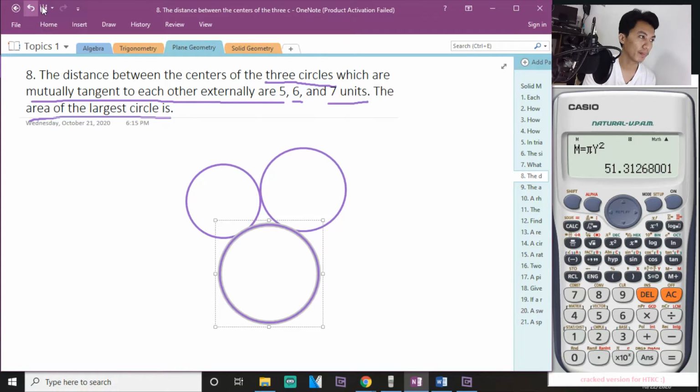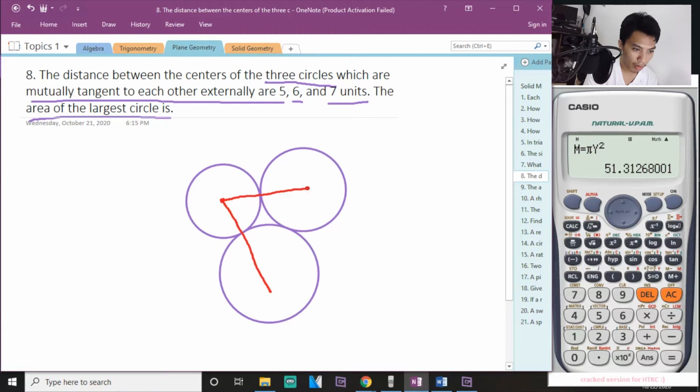Yan. Drawingan ko, so, from the center of here, up to here, yan. Center to center, sablay. Center, center, to center.